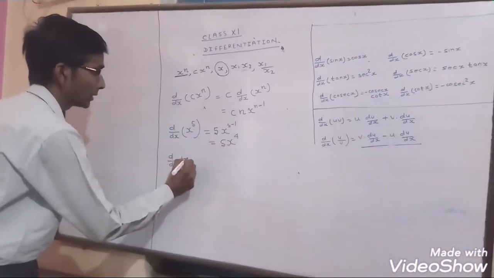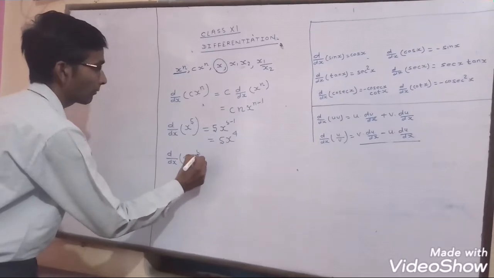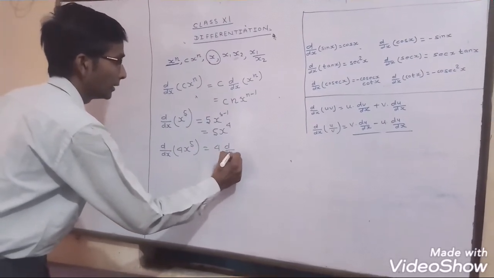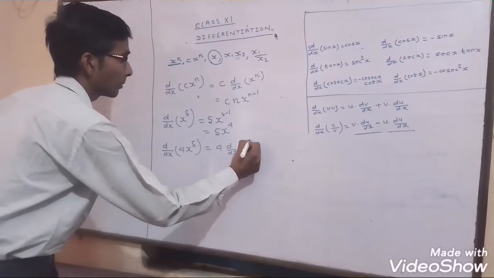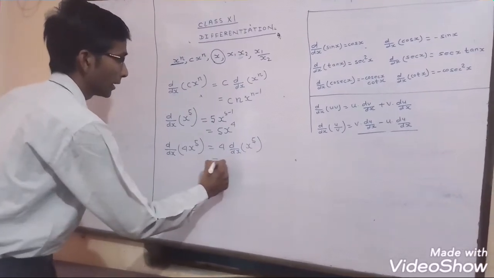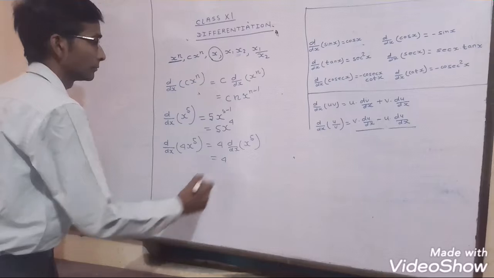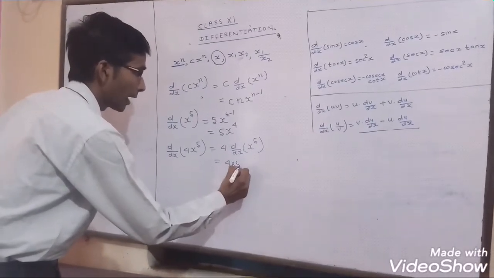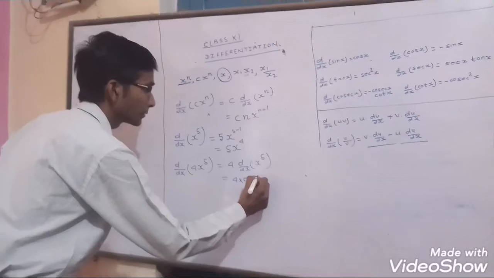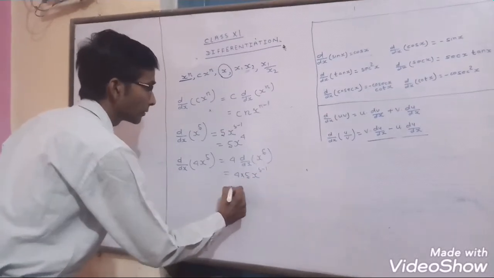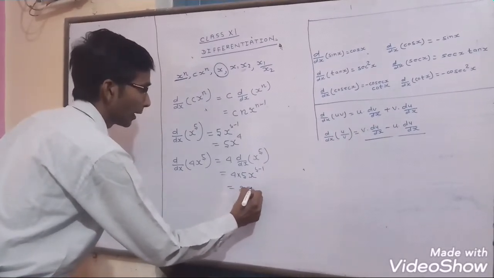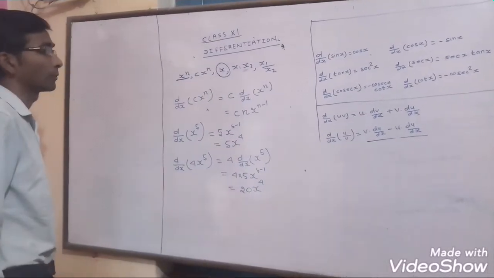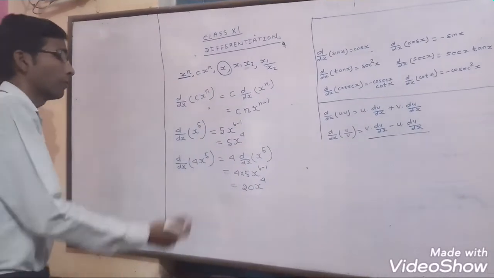We have to differentiate 4x to the power 5, then 4 d by dx x to the power 5, then 4, and here 5x^(5-1), 20x raised to power 3.